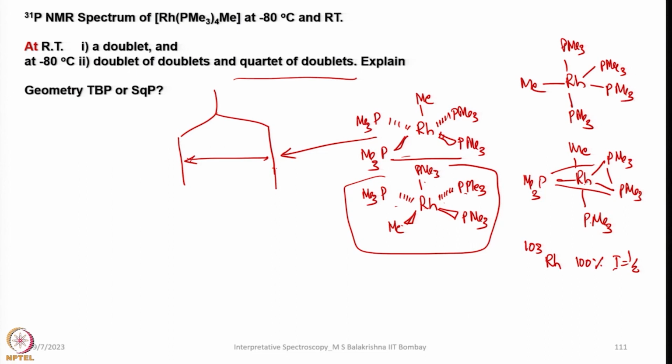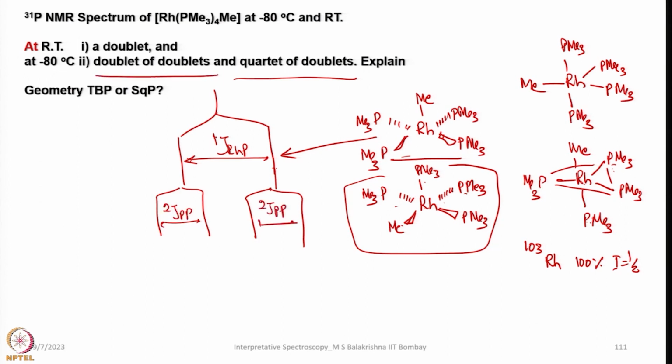So these three would couple equally to rhodium, and then they couple with this one to show a doublet. So the doublet is here. These three in the equatorial plane would couple with rhodium to give a doublet, and then this will be split again into a doublet here. So this is the 1J rhodium-phosphorus coupling, and then this is the 2J PP coupling. So yes, this doublet of doublets is there.